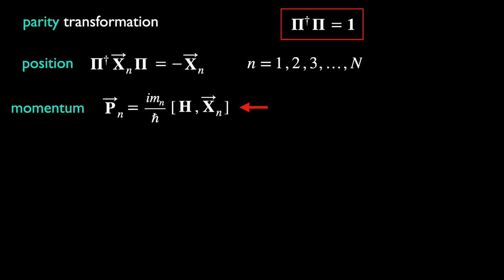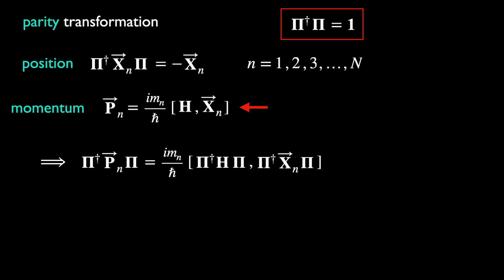We have discussed this extensively in lecture 4. Let's figure out how momentum transforms under parity using this relation. Applying the operator pi and using its unitarity, we have its action on position is just a minus sign, according to our definition above. And here, to proceed further, we have to look at how the Hamiltonian itself transforms under parity.